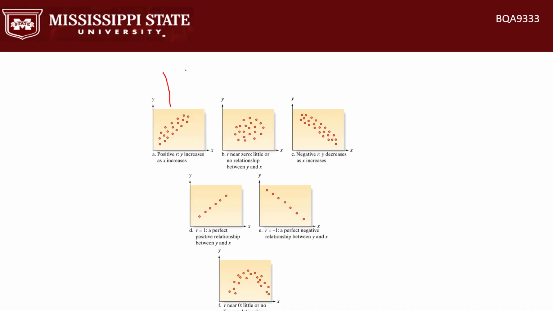So we could have temperature and ice cream sales. We could also think of a macro example where we're doing it by country, so GDP per capita and the proportion of people with higher education.